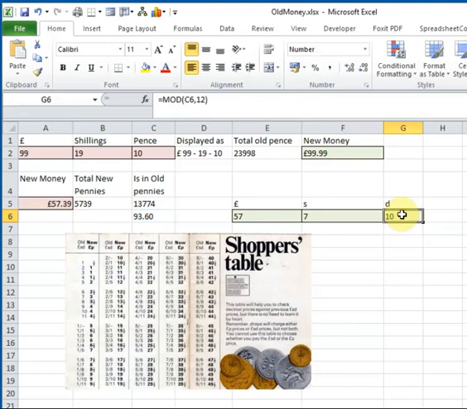And similarly, if we look in G6, we can see that the formula is equals modulus, C6, comma, 12, close bracket, which gives us 10. So that you can see 57.39 works out at £57, 7 shillings and 10 pence.